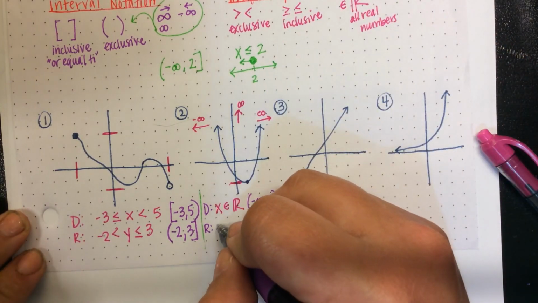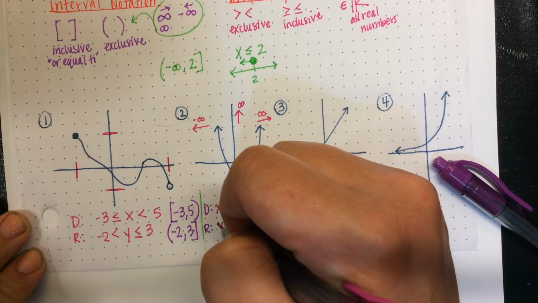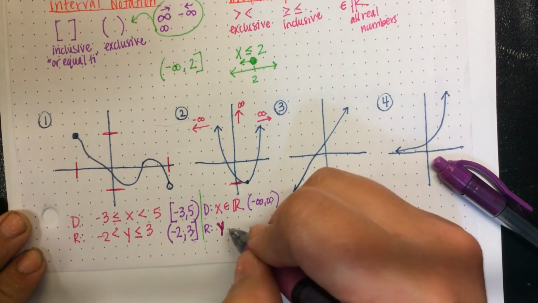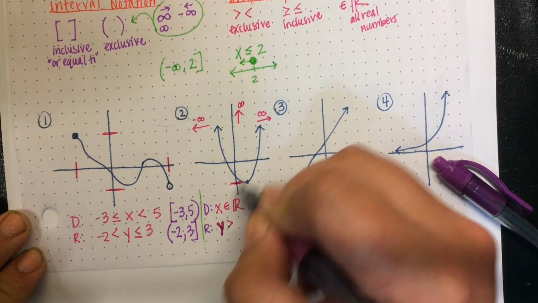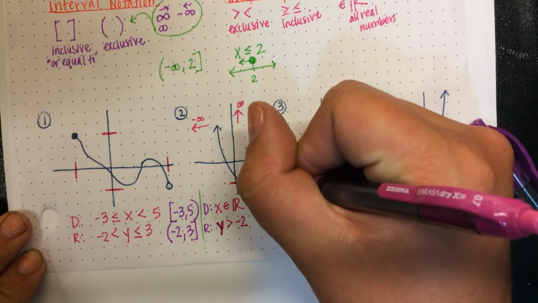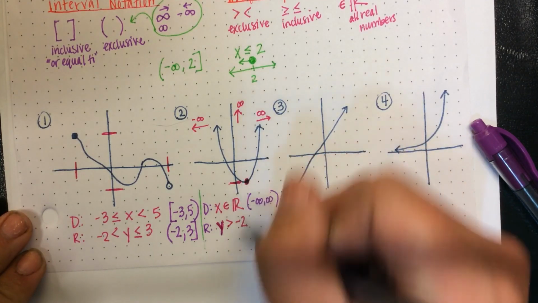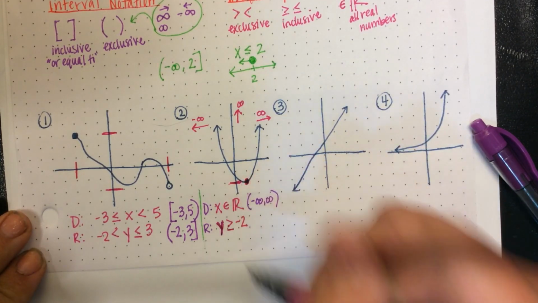So I want all the y's that are greater than this -2. Now this point right here, that's a part of my graph. It's not an open circle. I have a point right there. It's not a hole. So I'm going to put or equal to.